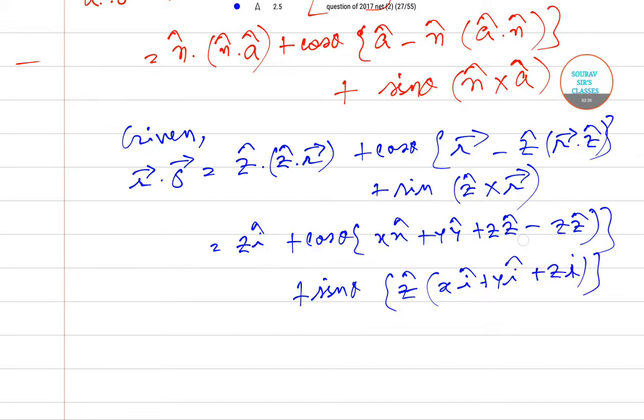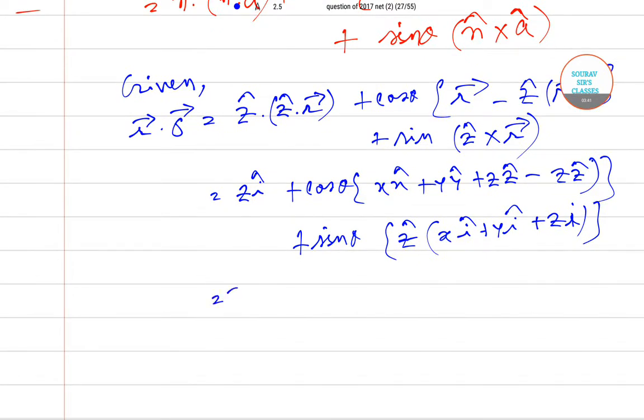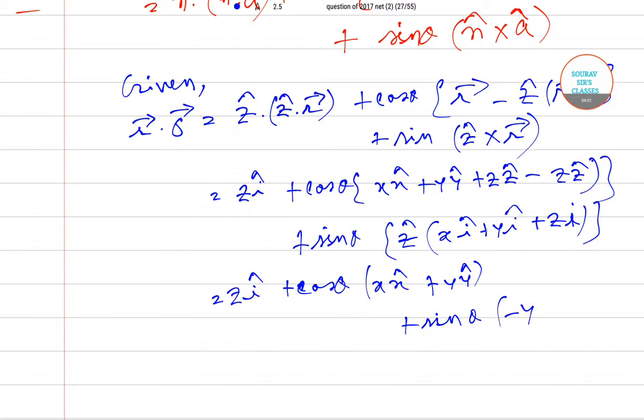So we can write it as z k cap plus cos theta taken out, so cos theta into x i cap plus y j cap, and sin theta into minus y i cap plus x j cap.